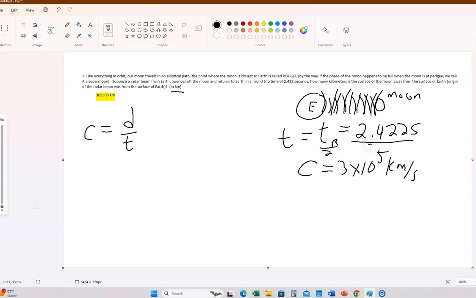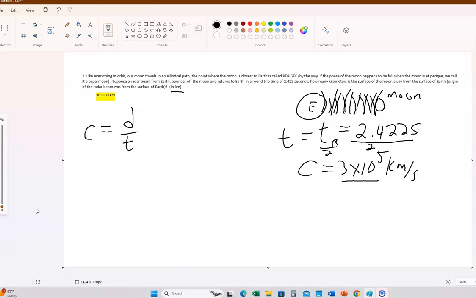We'll divide by 2 in just a second. This formula is given to us on the equation sheet. It's the basic equation for velocity, as long as something's not accelerating, and the speed of light does not change. It's just a nice constant, 3 times 10 to the 5th kilometers per second, or 3 times 10 to the 8th meters per second.